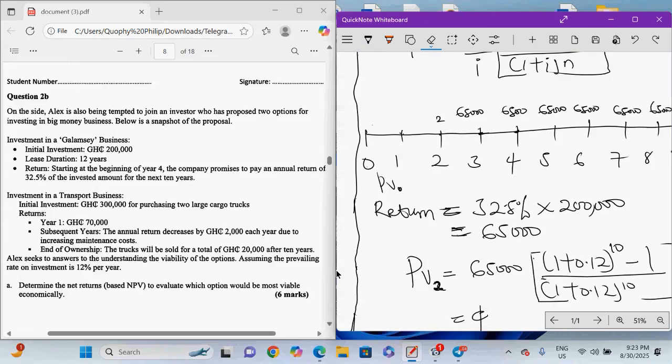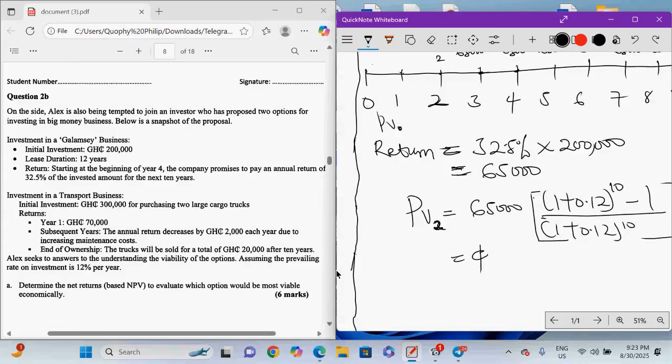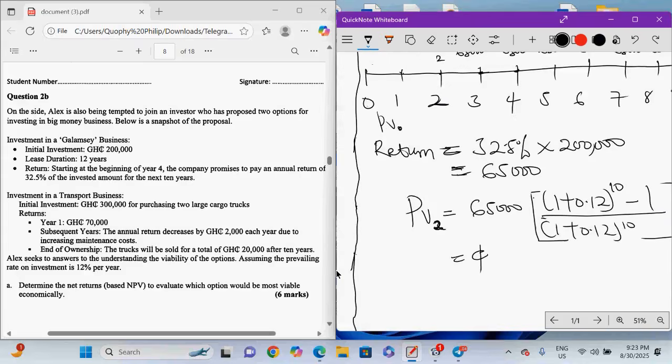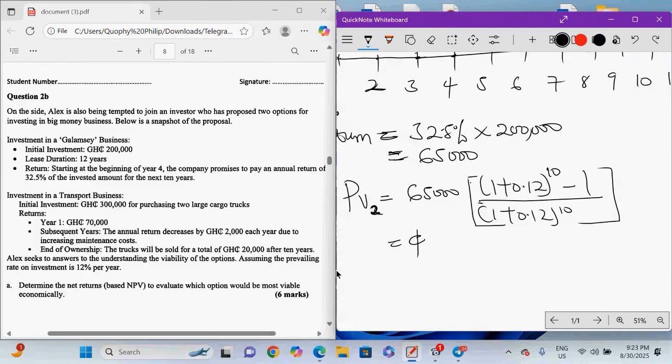It is starting from year 3. So we want the immediate present value, which will be the present value of year 2. That is why I'm starting from year 2. So when I get a value for year 2, then I can discount it into today's value, the present value or the P0, right? So give me the figure.